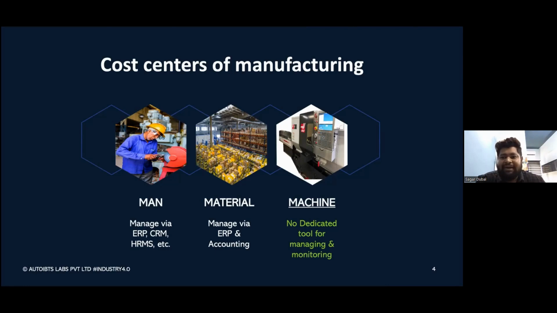You can say your marketing person is efficient if he's giving you sales of X amount. You can see your cost of production is low if you buy 100 kgs of material and sell 99, then you know there's only 1% of loss. But how about your machines? Till date, there has not been any dedicated tool for managing and monitoring your assets. I'll be speaking about those tools and how they have helped companies worldwide to improve.